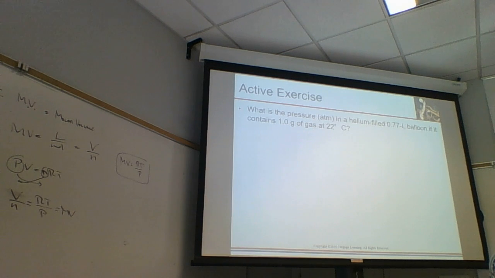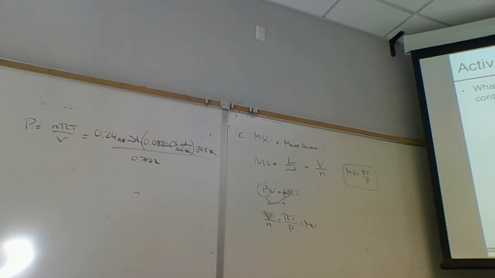And then finally, V, 0.77 liters. So we just got to make sure the units work out. The moles cancel, Kelvin cancels, liters cancel. So that gives me atmospheres, which is what I want. Atmospheres of pressure.